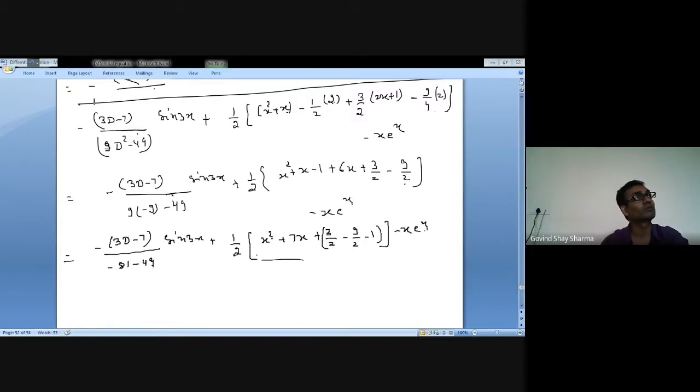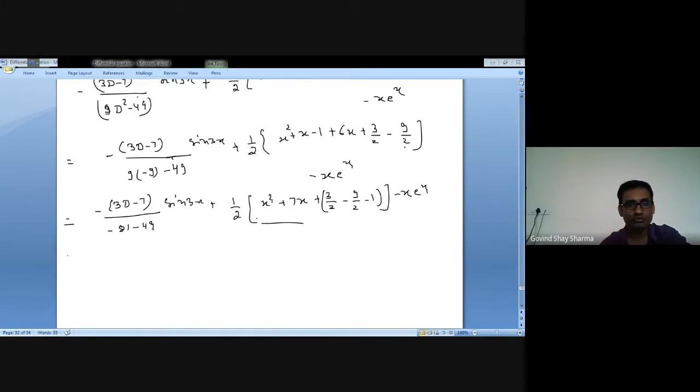This gives 1 by 130, 3D sin 3x and 7 sin 3x, plus x square plus 7x.